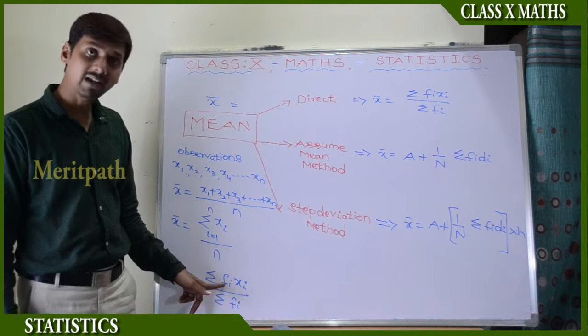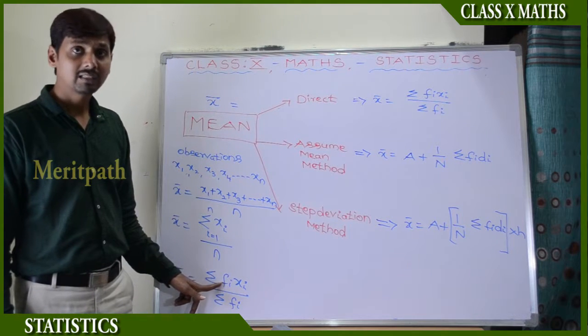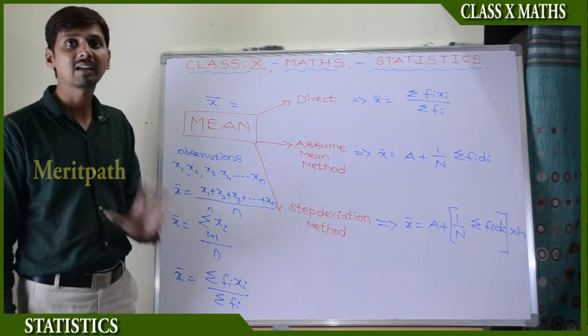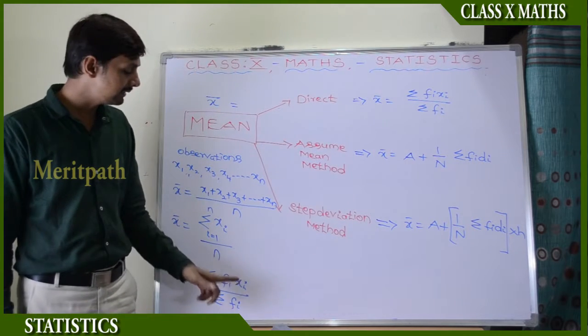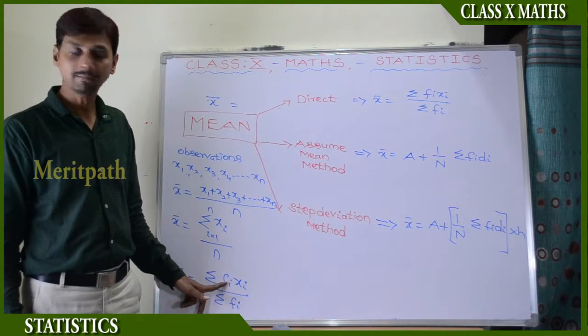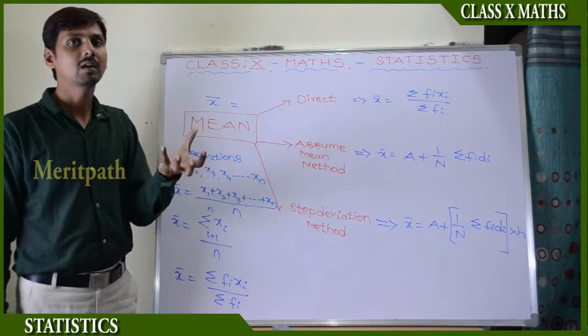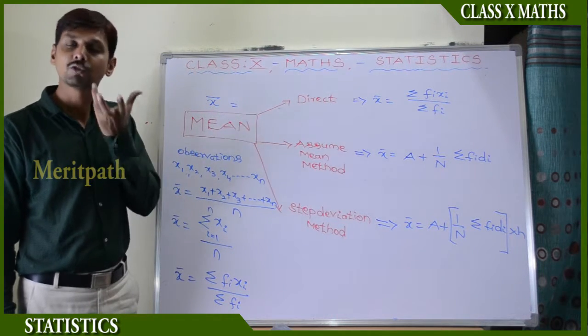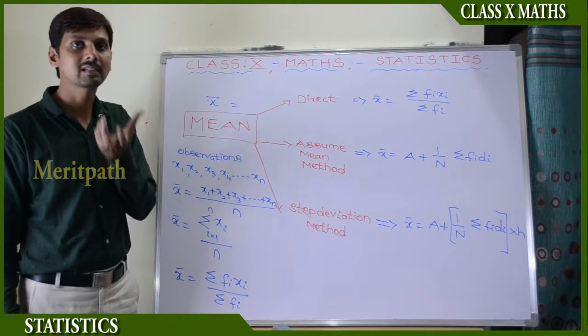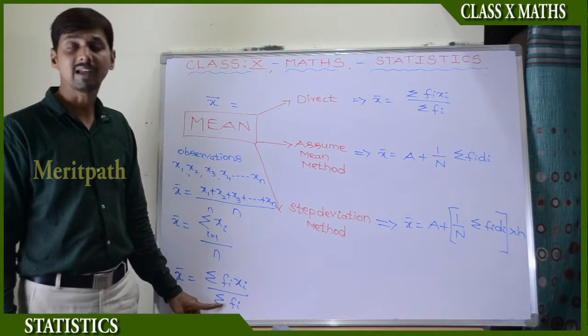We call it fi, the frequency, and we multiply xi with fi, divided by the total number of observations, that is sigma fi.